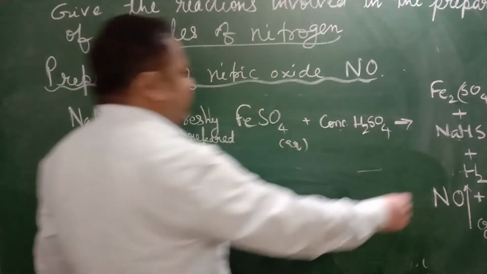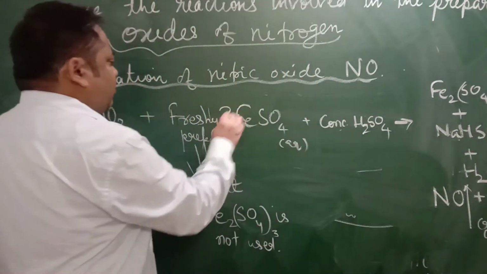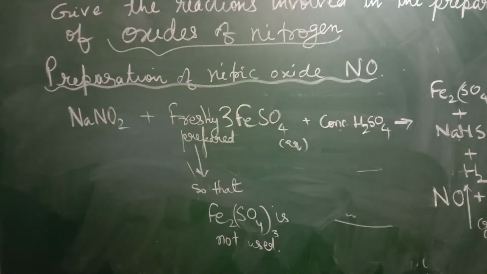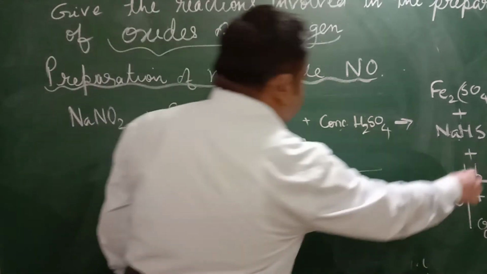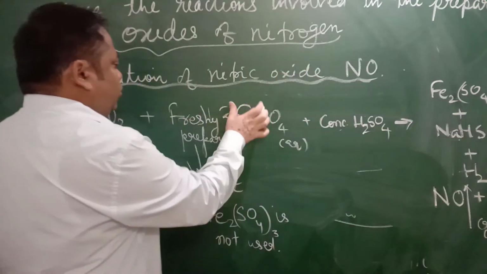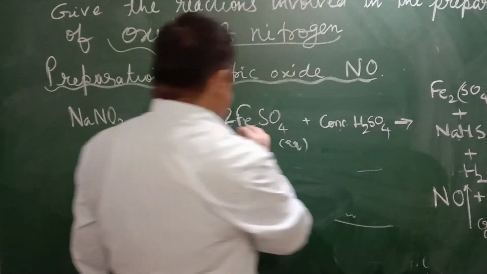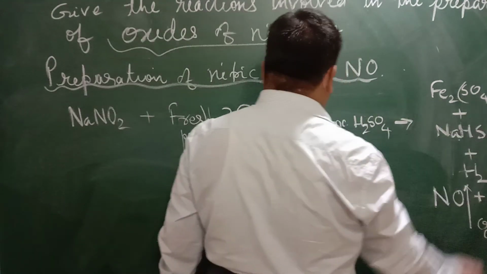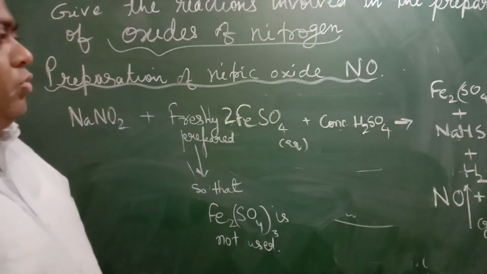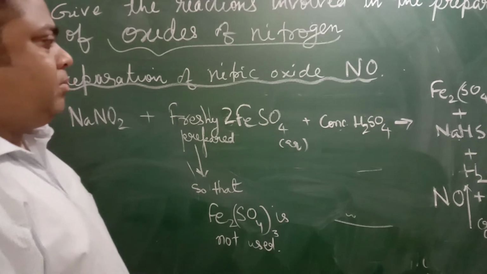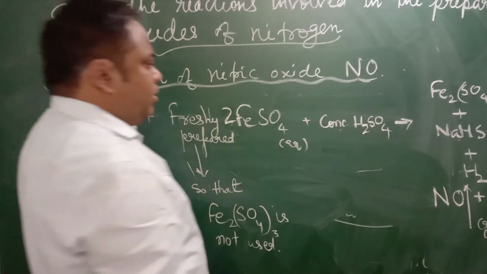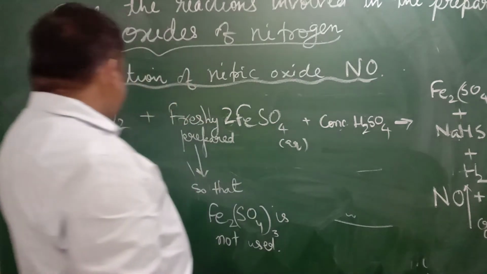There are 3 sulfate ions here, so we'll give it 3 here. So if we give 3, then one sulfate is here also, and here it is 2. So we'll give 2 here. So now it is 2 sulfate, and here 3 sulfate plus 1, 4 sulfate ions are there.